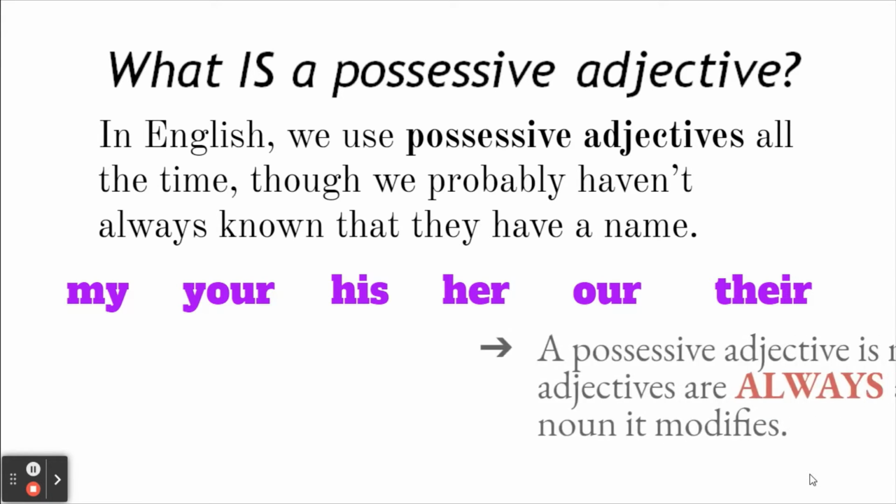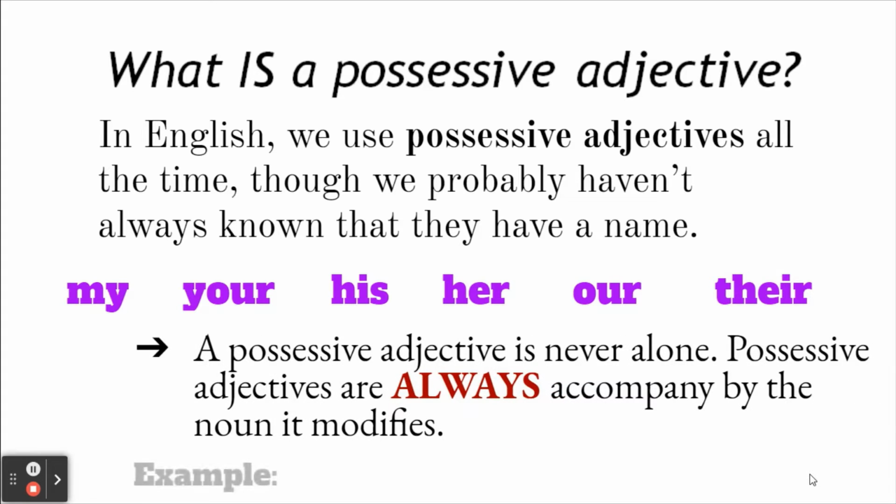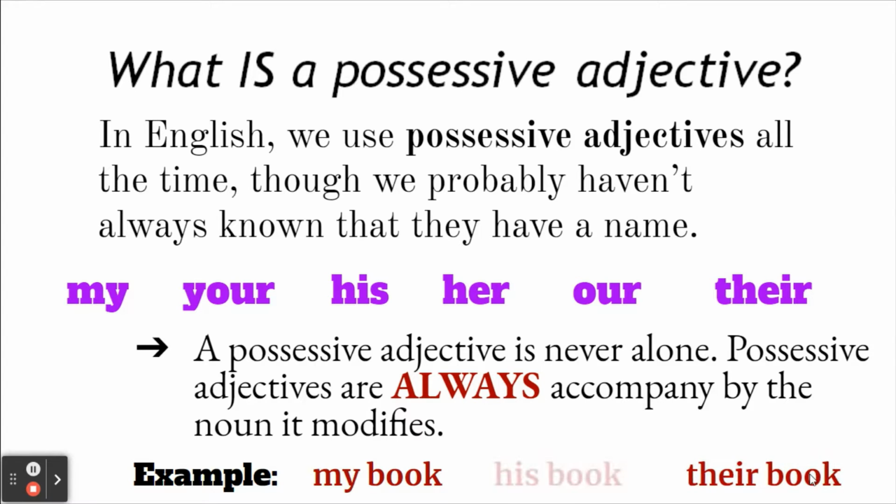Now, a possessive adjective is never ever alone. This is the big difference between possessive adjectives and possessive pronouns, which we will see later on. It is always accompanied by the noun it modifies. So it's always going to be adjective, noun, one next to the other.